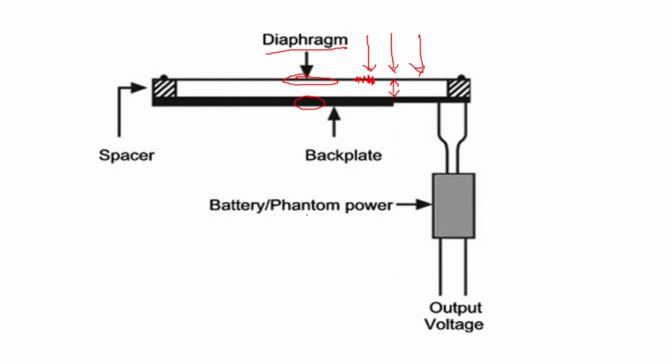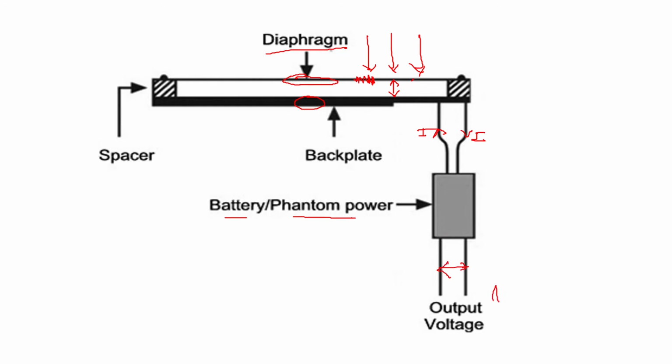a circuit which is energized by a battery, or it is also called phantom power, and that will make a current flow in this circuit. That variation of current arises because of the variation of the distance between the two plates and the variation of the capacitance, and you can take it across a resistance as the output voltage over here.